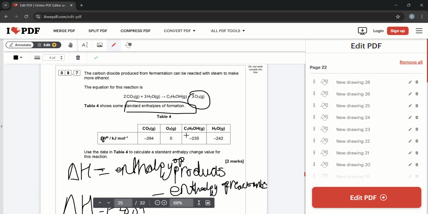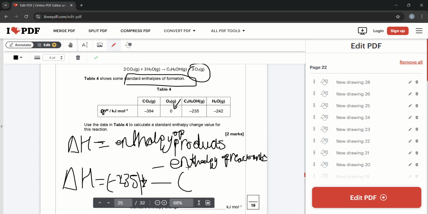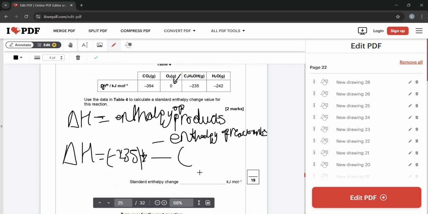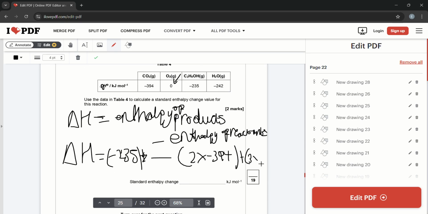I could see a possible question where they don't include this and some students get mixed up, not knowing that the formation of any single element is 0. So it's just minus 235, minus the entropy of reactants: 2CO2, 2 times minus 394, plus 3H2O, 3 times minus 242.